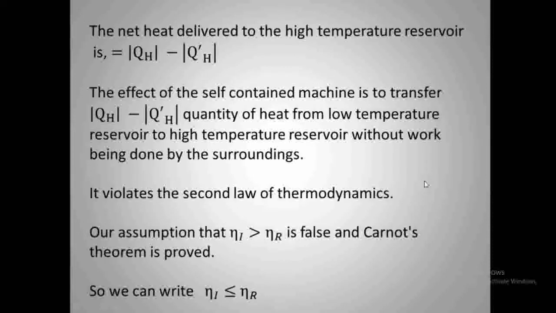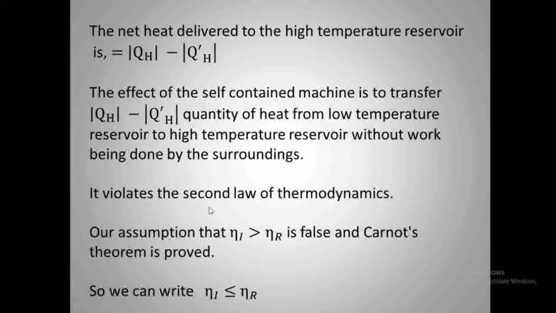But here nothing like that has happened. The effect is only that the self-contained machine transfers this quantity QH minus Q dash H of heat from the low temperature reservoir to the high temperature reservoir without work being done by the surroundings.